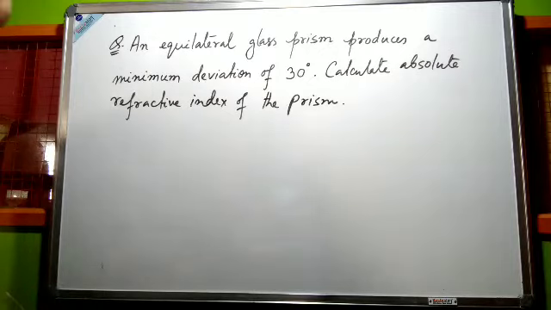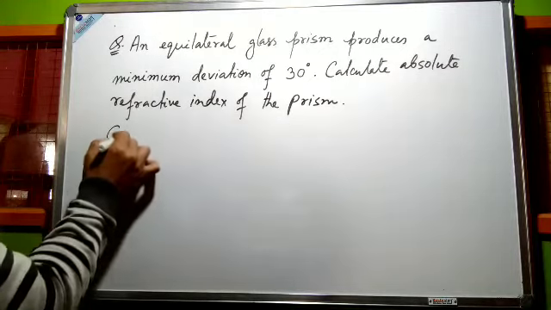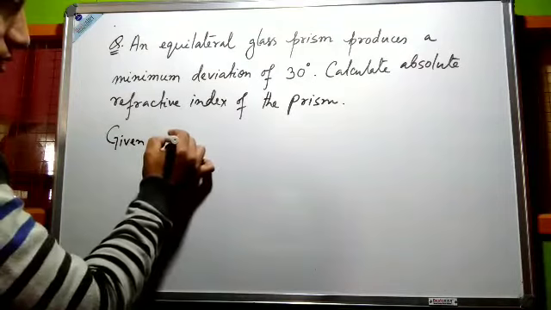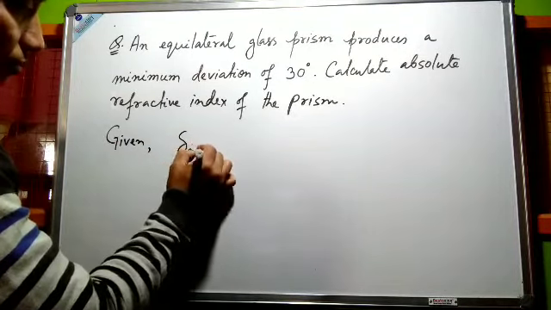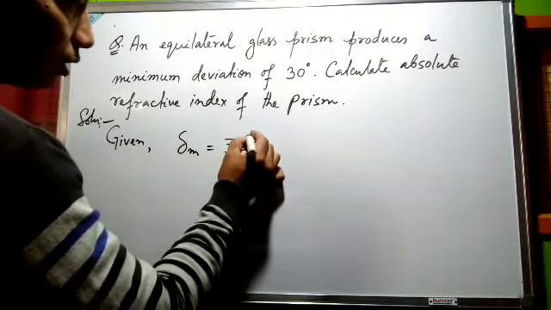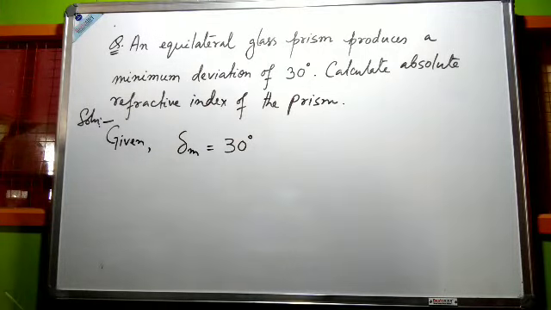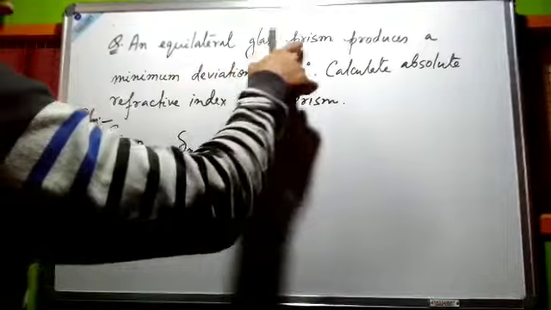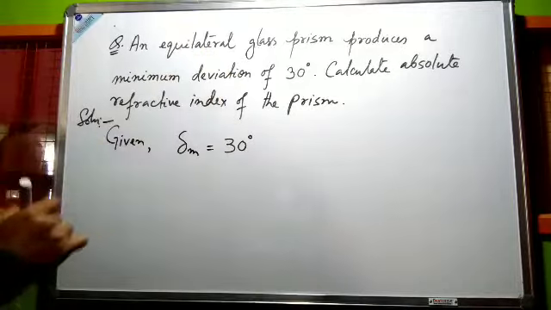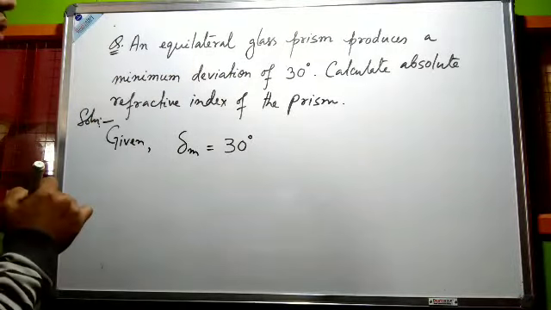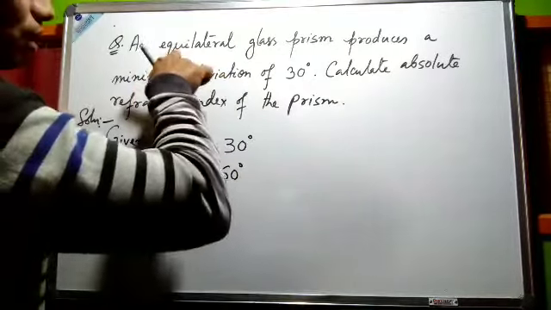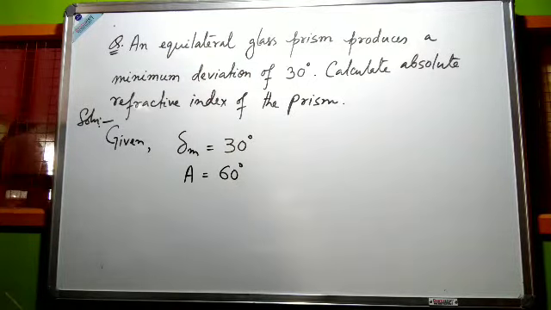Given: 30 degrees minimum deviation, that is delta M. Solution: delta M equal to 30 degrees. An equilateral glass prism has an angle of prism of 60 degrees, because an equilateral triangle has 60 degrees, so the angle of prism is 60 degrees.